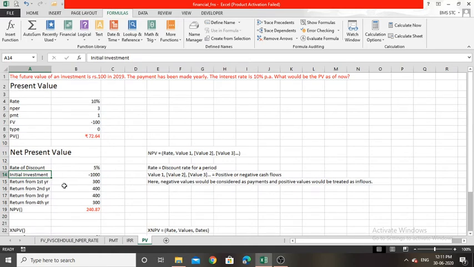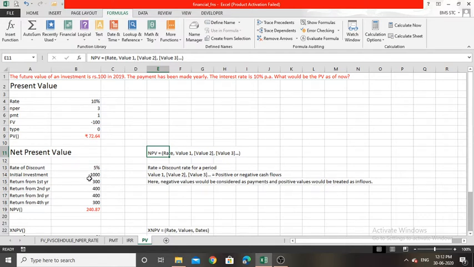The syntax of NPV is rate, comma, value 1, comma, value 2, etc., where rate means the discount rate for a period, which is already given as 5%, and value 1, value 2, etc. are positive or negative cash flows. Here the negative values are considered payments and positive values are treated as inflows.